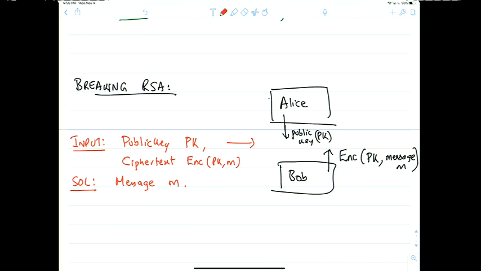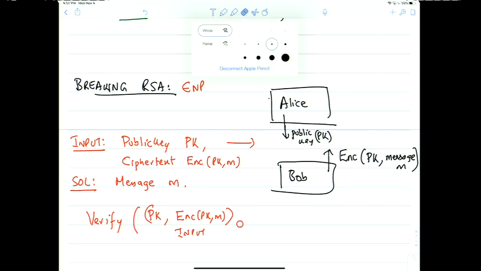Now, why is this an NP problem? Well, what does a verification algorithm need to do? It gets the input. What's the input? Well, it's the public key and the encrypted message. Okay? It gets the input, and it gets a solution, which is basically the message.